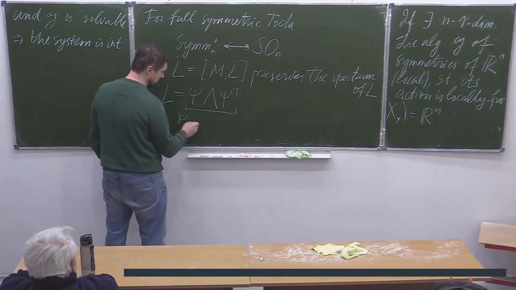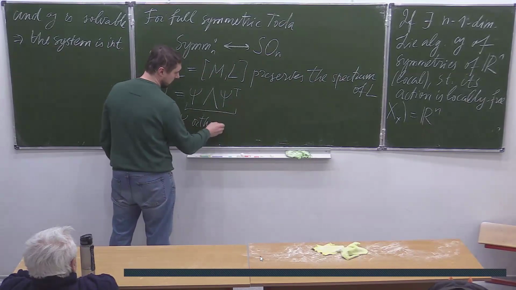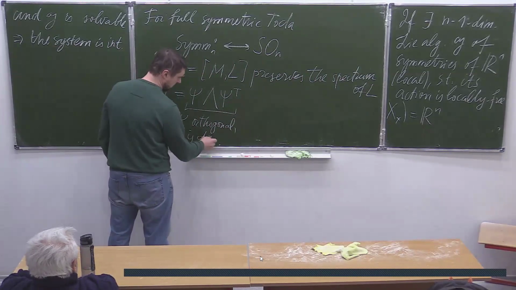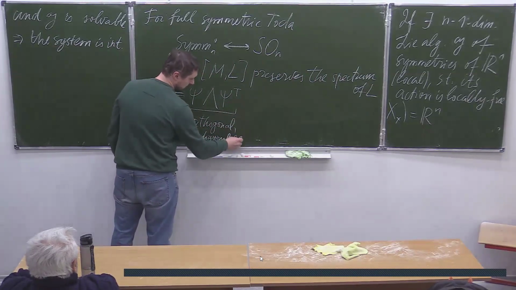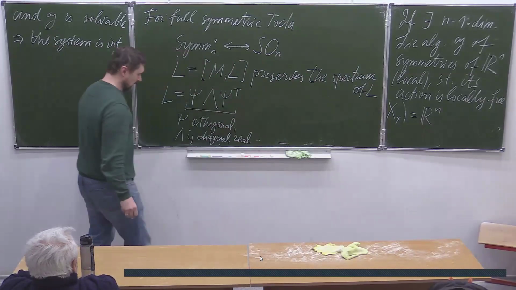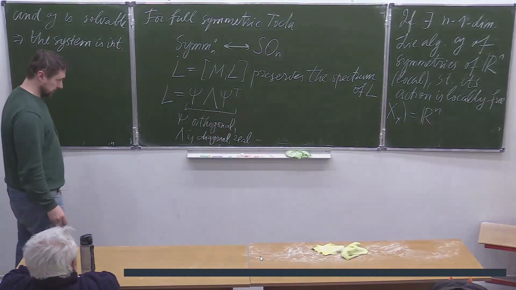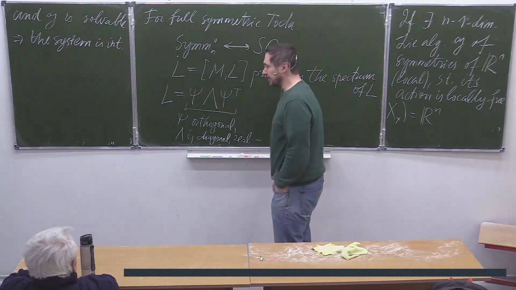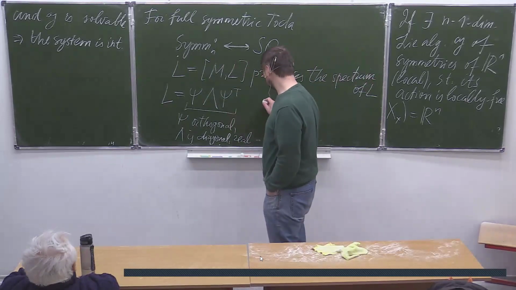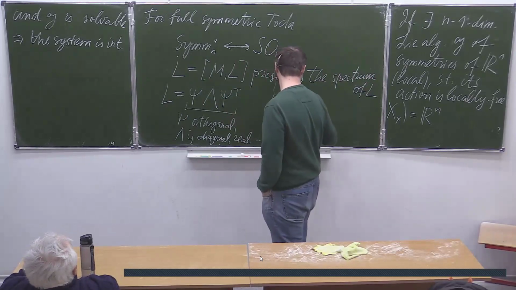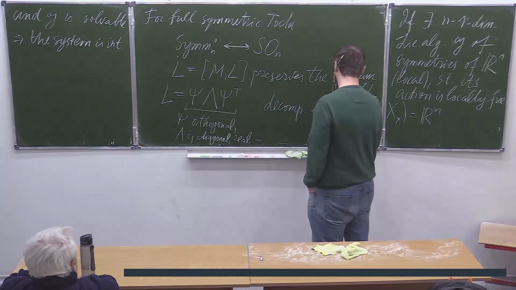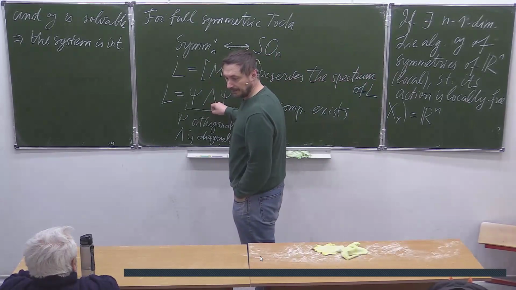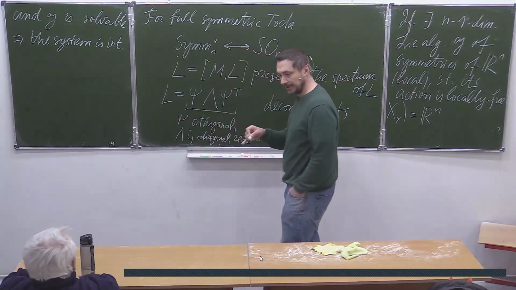Psi is orthogonal. Lambda is diagonal and real. Such a decomposition always exists. Moreover, it can be chosen in a unique way locally. It is unique if we fix the order of the eigenvalues of L. For instance, we say that they grow.